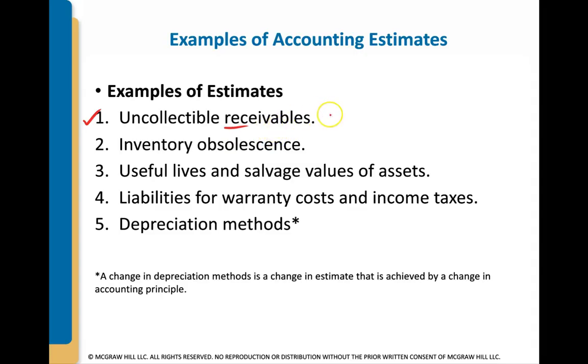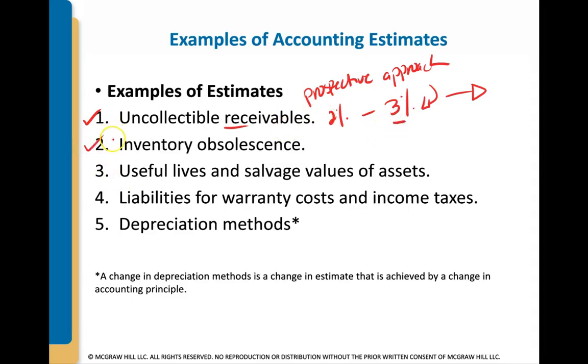Let's say they said 2% of our accounts receivable will be deemed uncollectible. If they change it to 3%, that's a change in estimate, and we just use the prospective approach in that situation. So we just change the current year amount, and going forward, we don't restate the prior years. We don't go and restate the allowance for doubtful accounts to 3% for the prior years shown.